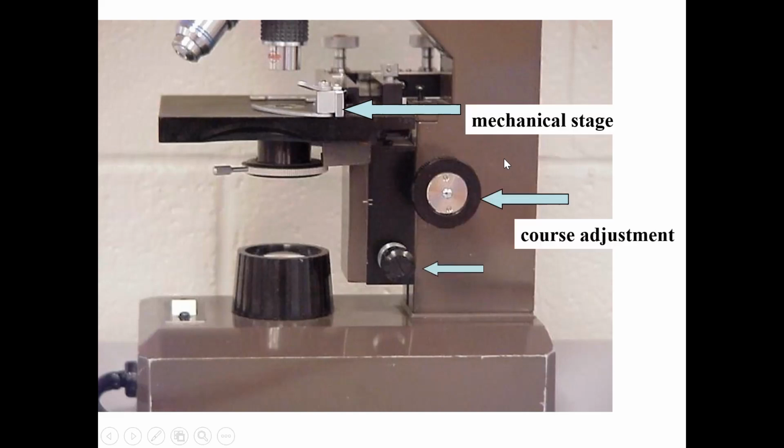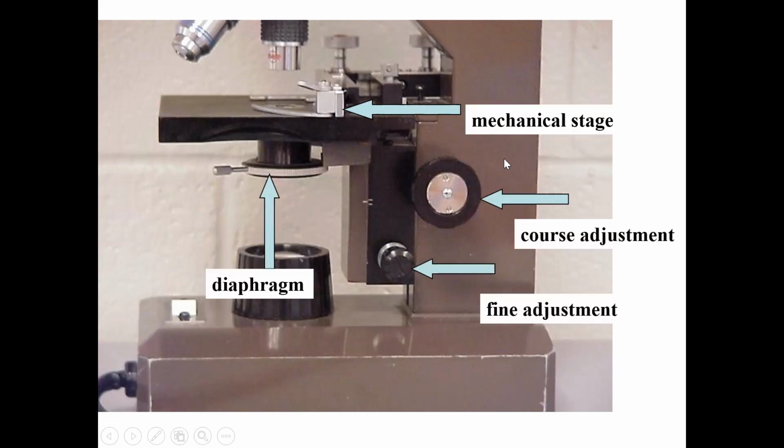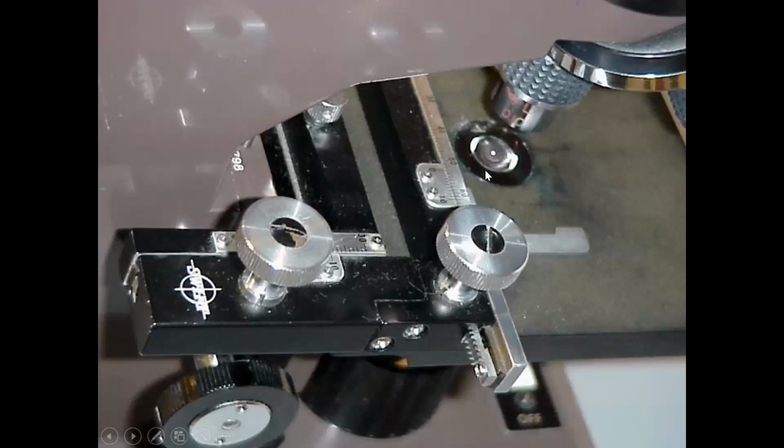Coarse adjustment, fine adjustment, iris diaphragm. And here we're seeing this little structure here is the condenser, because there's the objective lens right there. There's the nose piece, and the condenser focuses light, so it moves through the slide right into the objective lens. That's the condenser.